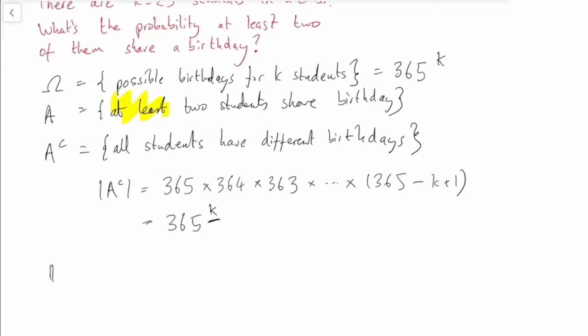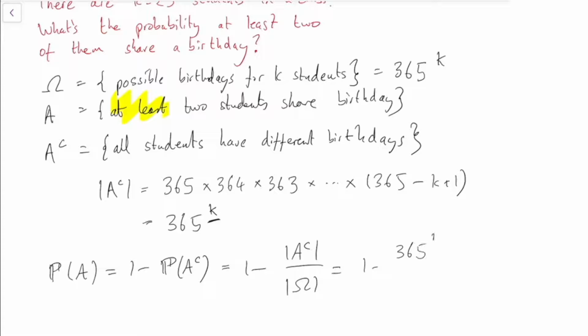So if we put this all together, what's the probability of A, the probability that at least 2 students share a birthday? Well, we know that's 1 minus the probability of A complement. We know, because of classical probability, that's the number of outcomes in A complement over the number of outcomes in omega. So that's 1 minus 365 to the k falling factorial over 365 to the k.